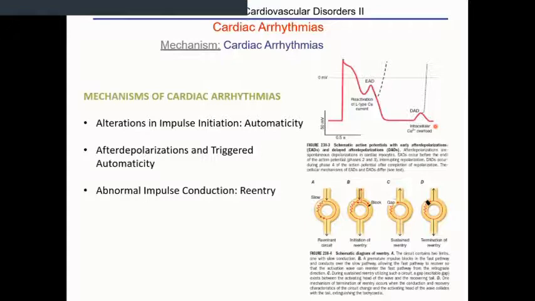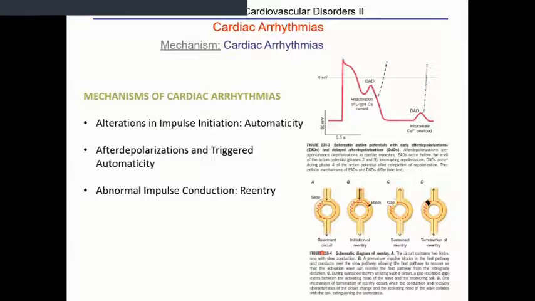So this is explained schematically by this figure, how reentry happens. So three conditions for reentry to occur. First, two functionally distinct conducting pathways must connect to form a circuit. Second, you also need to have unidirectional conduction block occurring in one of the pathways because of differences in the refractory periods.